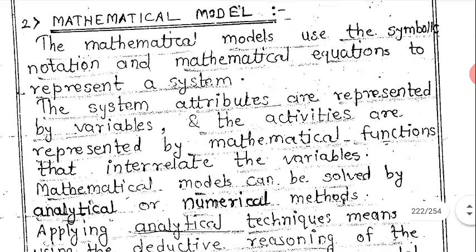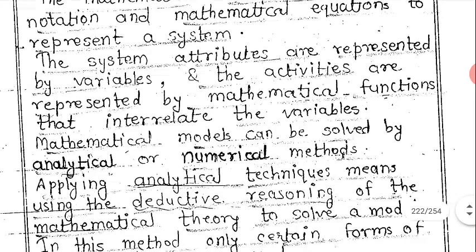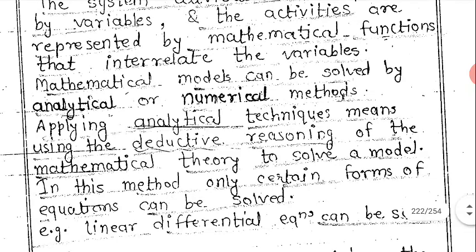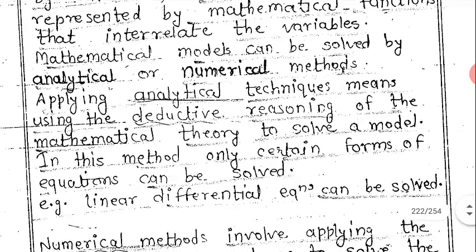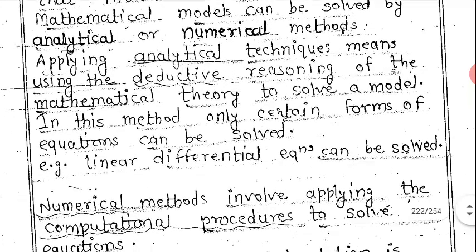We are just representing the system with the help of equations, symbolic representations, or mathematical functions. The system attributes are represented by variables and the activities are represented by mathematical functions that interrelate the variables, and the mathematical model can be solved by analytical or numerical methods.